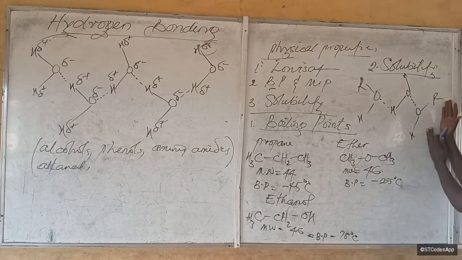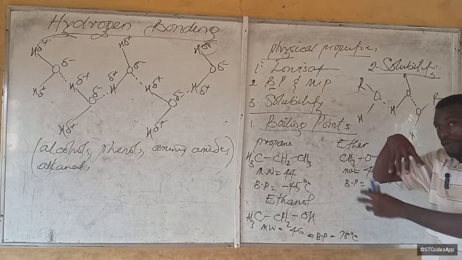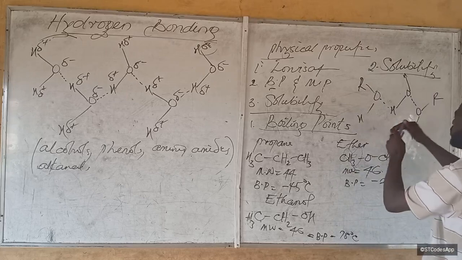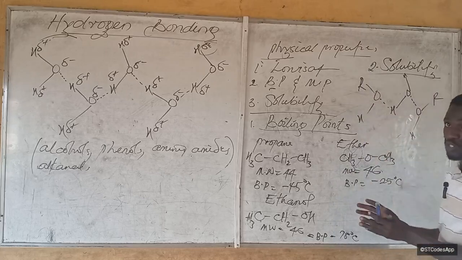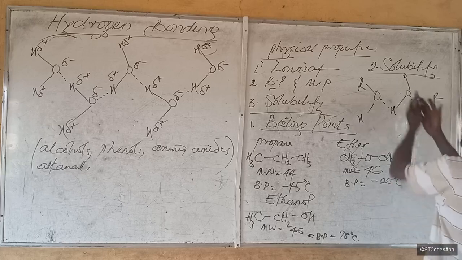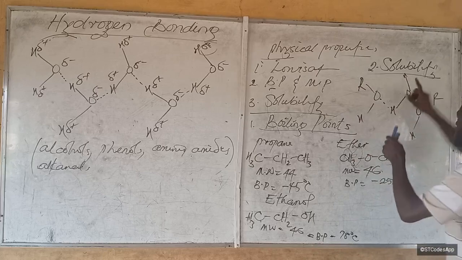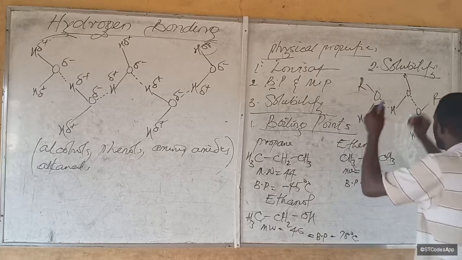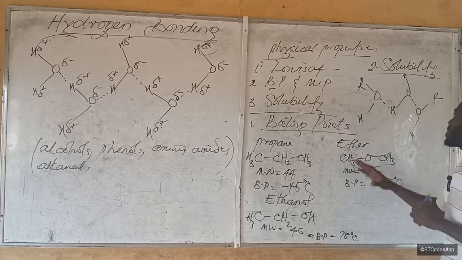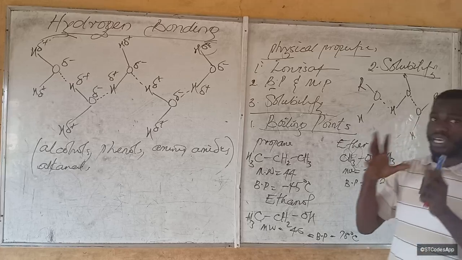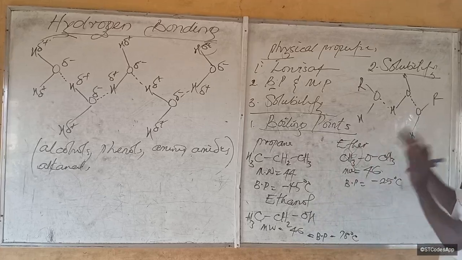So this is alcohol. So when you put alcohol in water, this is what you have in summary. I'm showing only 2 molecules of alcohol and 1 molecule of water. So 2 molecules of alcohol will be bonding with one molecule of water in that sequence, and that is how the interaction takes place.